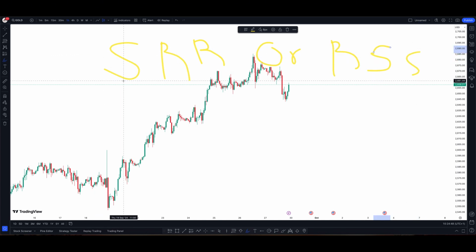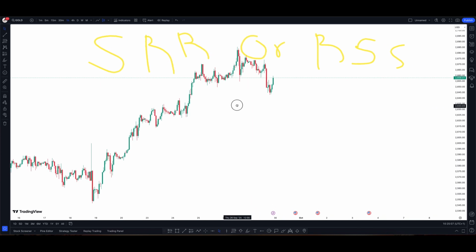This S stands for support, resistance, and this stands for resistance, then support. So that's the meaning of it. I will teach you guys how to use this strategy. It's a very good, strong strategy.